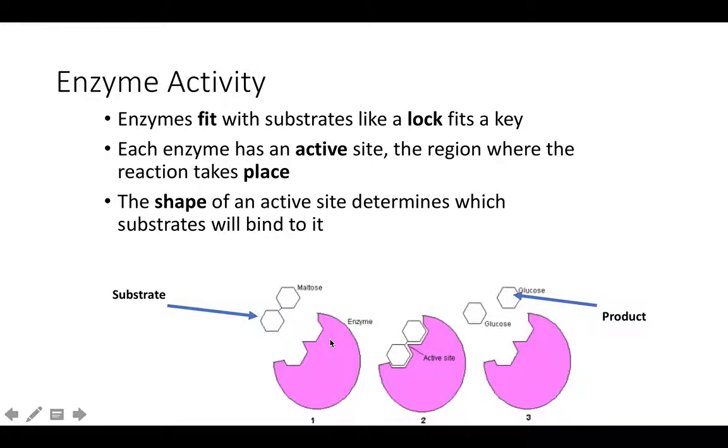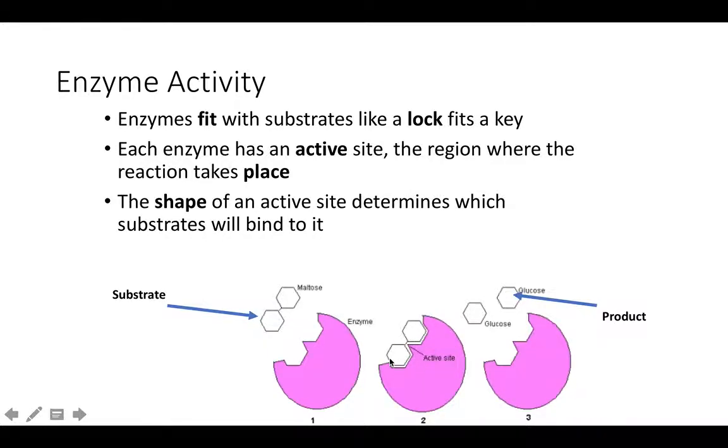Now, the enzyme has a region known as the active site, and the active site is the part that the substrate fits into. So it's this part of the enzyme, and you can see it here. This is called the active site. And when the maltose binds to the active site of the enzyme, we call them together the enzyme substrate complex because it's made up of an enzyme and a substrate.